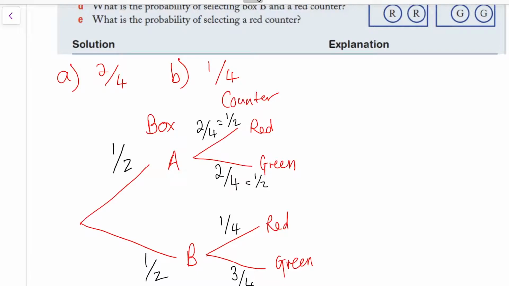All right. So then we're going to list our outcomes. So once we've got our box and counter, and that's our tree diagram, we now list our outcomes. And you can use abbreviations to help you so you're not wasting too much time writing the whole word out.